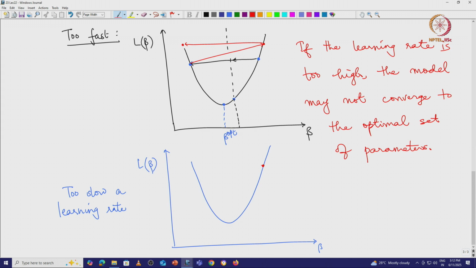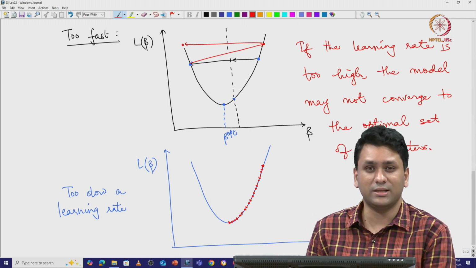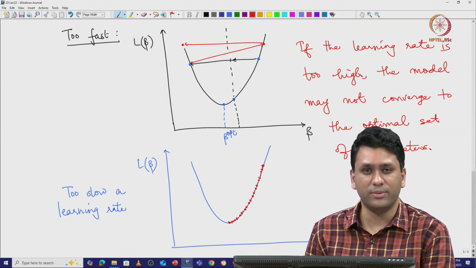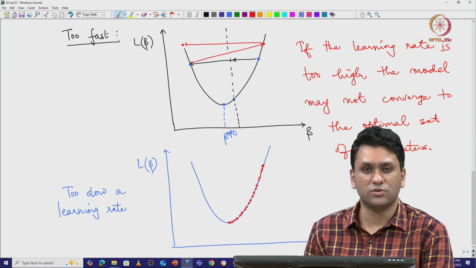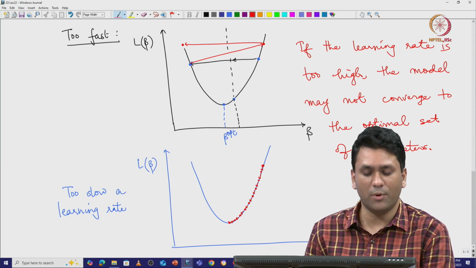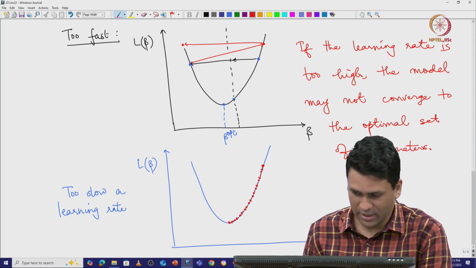The model is too slow, so it takes very small steps along this curve. You reach here, then here, then here, and so on. You keep on falling down the well, which is nice, but perhaps it took way too many iterations to reach here. By the time you reach here you have wasted a lot of computing power. As you know, ML models can take a lot of computing power and are often trained on GPUs, so we want to be careful in terms of the amount of compute we are consuming.